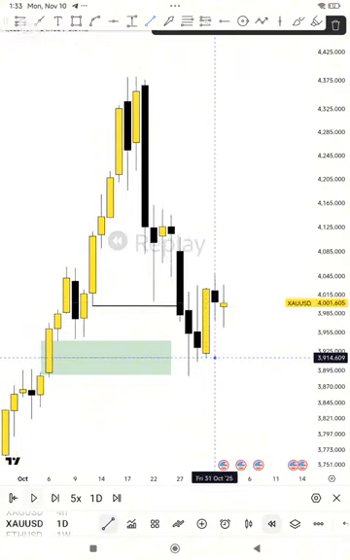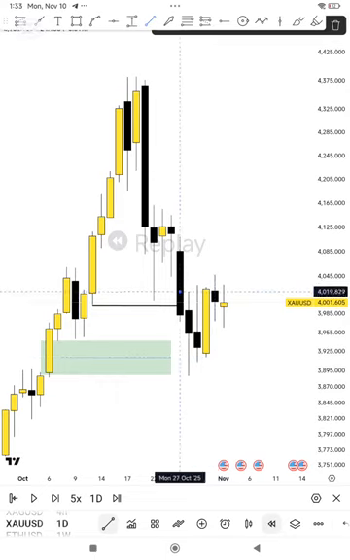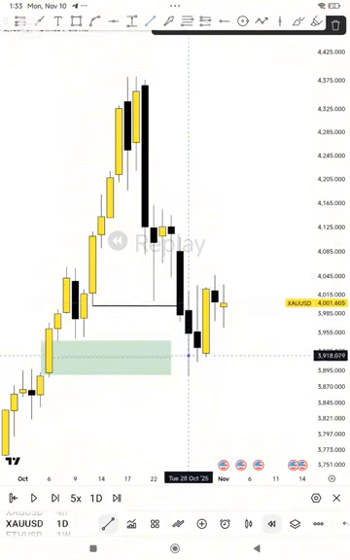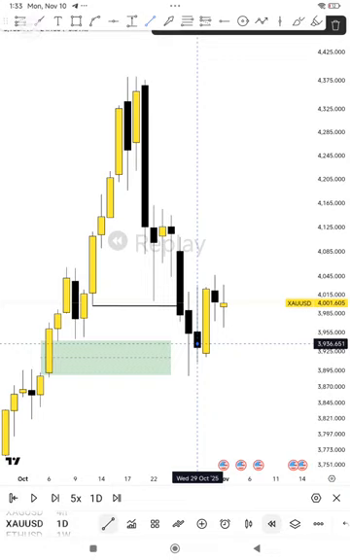Alright, here you can see Monday is the continuation of the Friday trend, and Tuesday actually went to that key level, and Tuesday here is the retracement of the previous week.